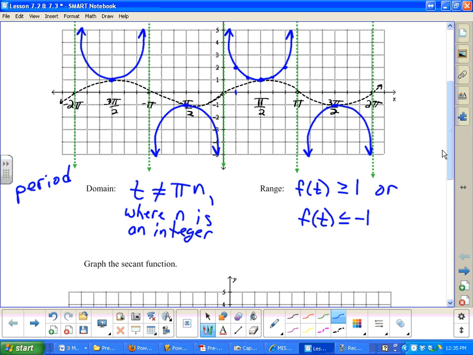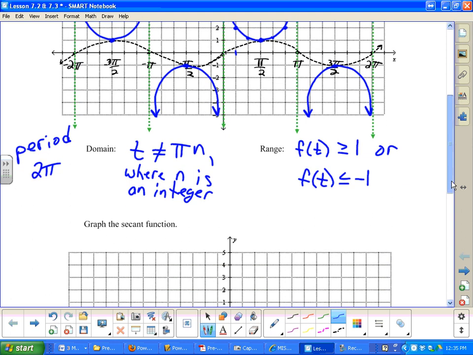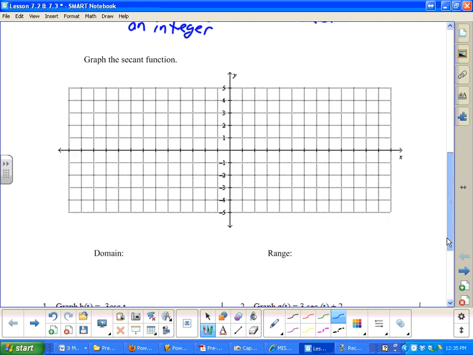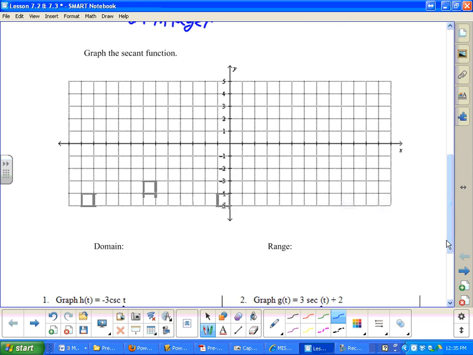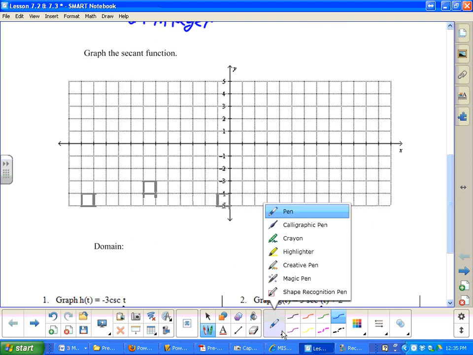Are those things the same? No, they're not. So that whole thing needs to repeat. So the period would be 2 pi, just like sine. All right. And so then you go ahead and do the graph of secant.